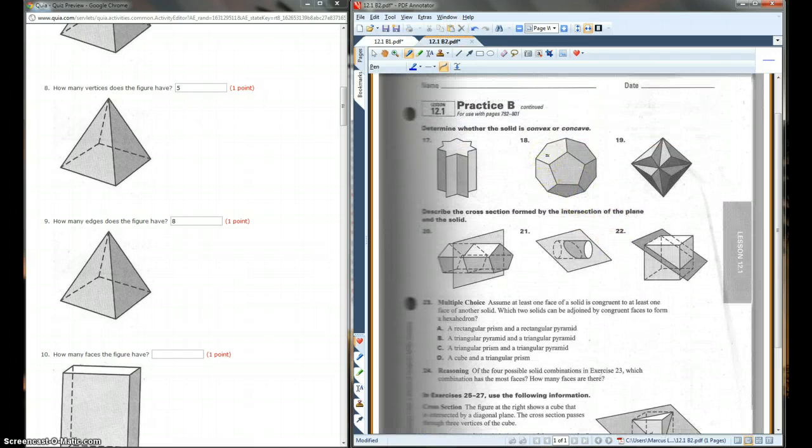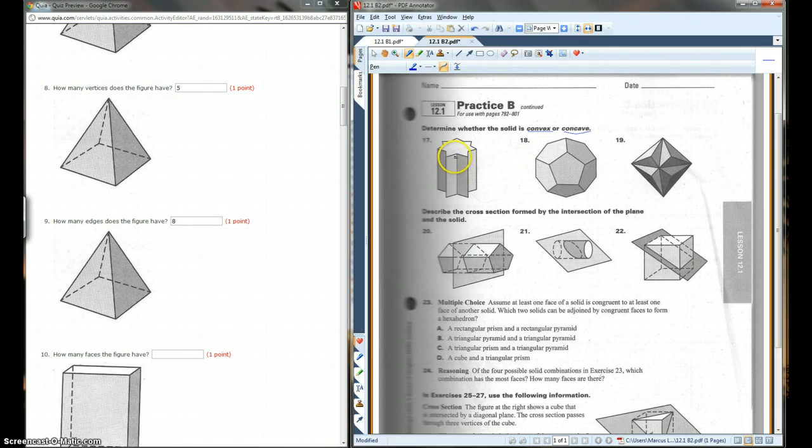This section says, determine whether the solid is convex or concave. Now, if you guys remember, concave, it looks like the figure is caving in at some places. Convex, all the vertices will be pointing out.